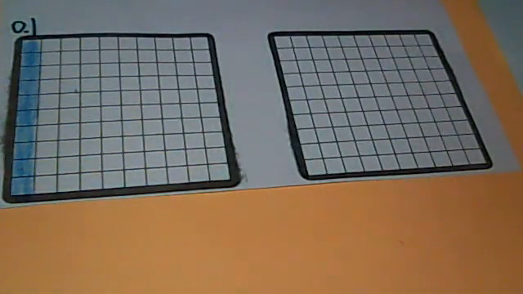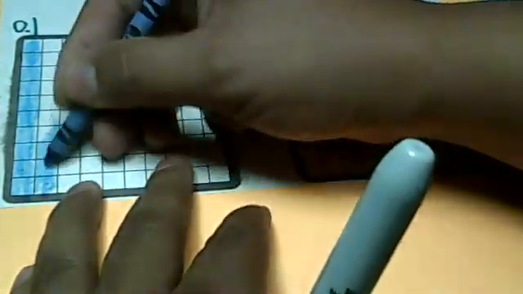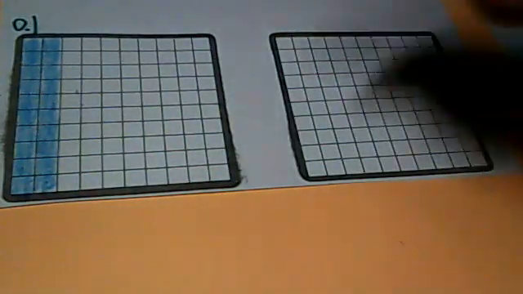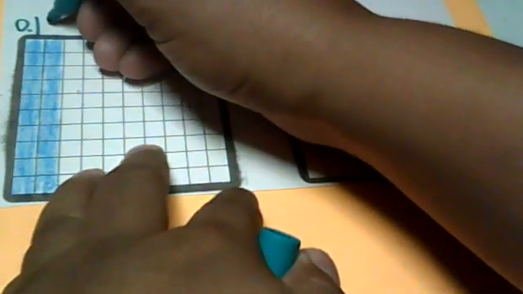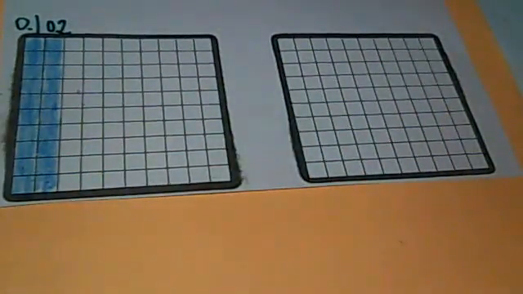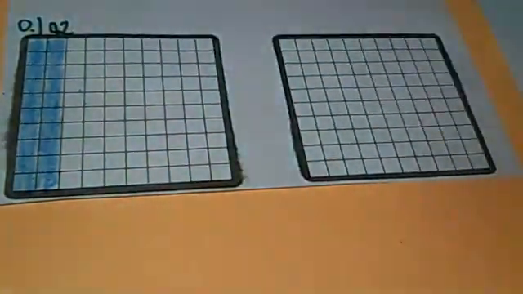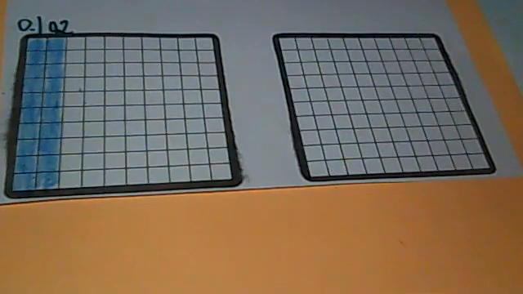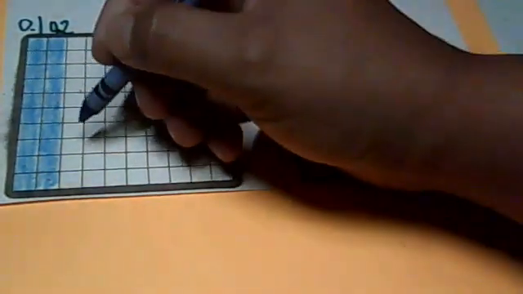What happens if I shade in 2? Well, now I have 2 longs. So I write it as a decimal as 0 and 2/10. You can't see the decimal right there.